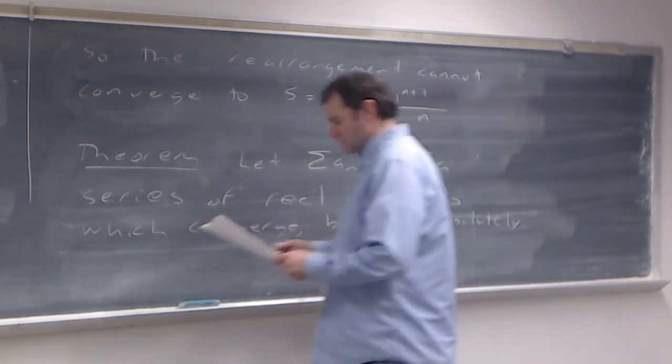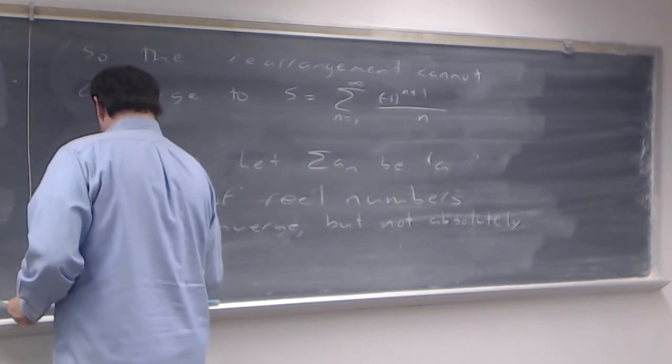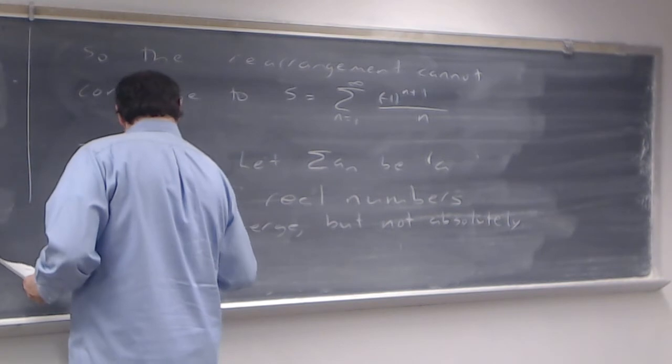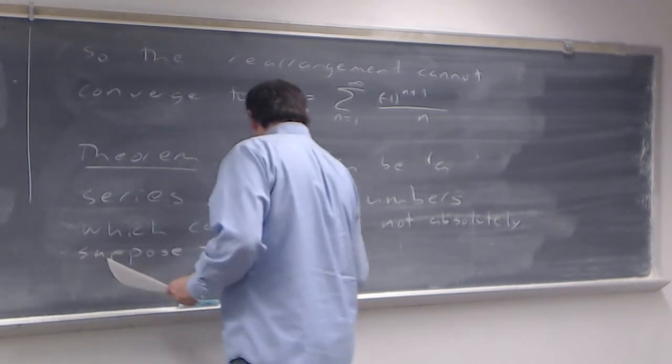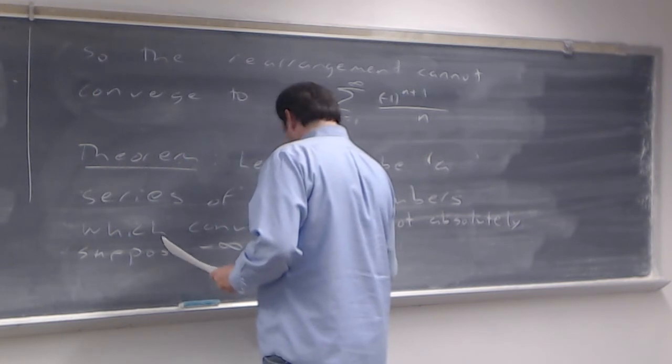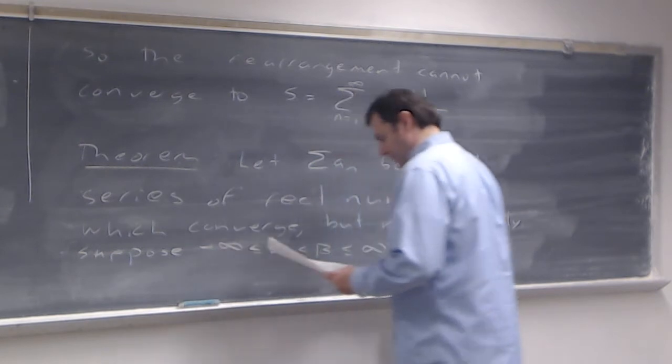Suppose minus infinity is less than or equal to alpha is less than or equal to beta, which is less than or equal to infinity.